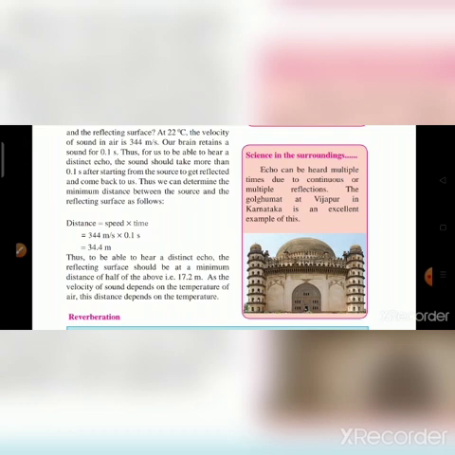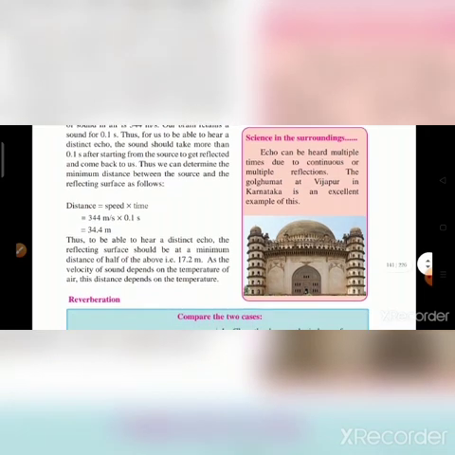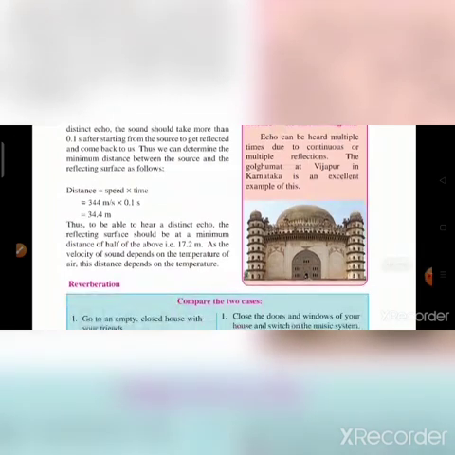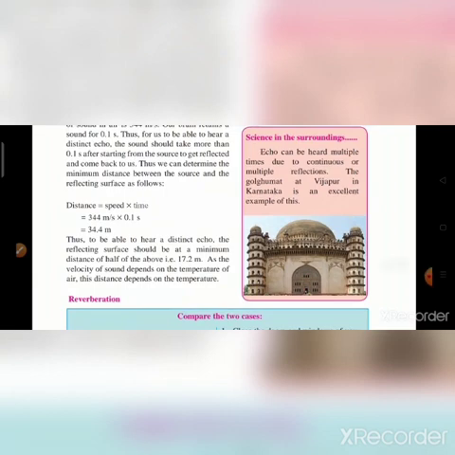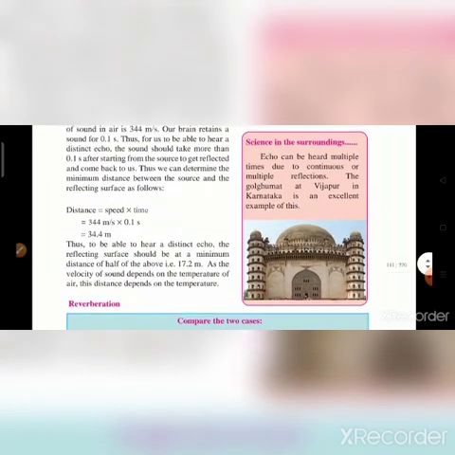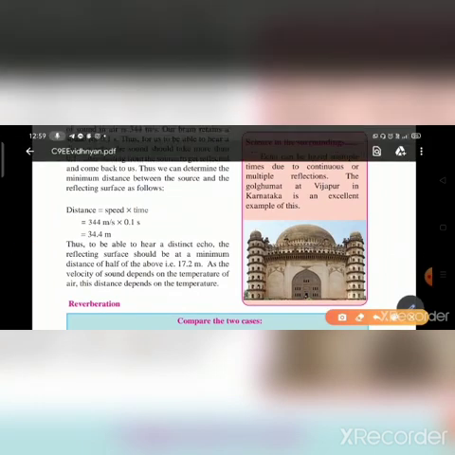By calculating it, we get 34.4 meters. Thus, to be able to hear a distinct echo, the reflecting surface should be at a minimum distance of half of the above, that is 17.2 meters. As the velocity of sound depends on the temperature of the air, this distance depends on the temperature. I'll be showing you the calculation, how it is calculated.